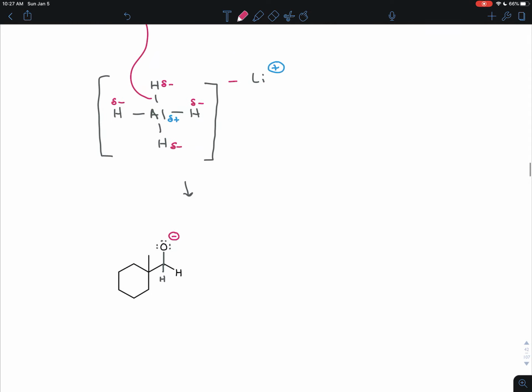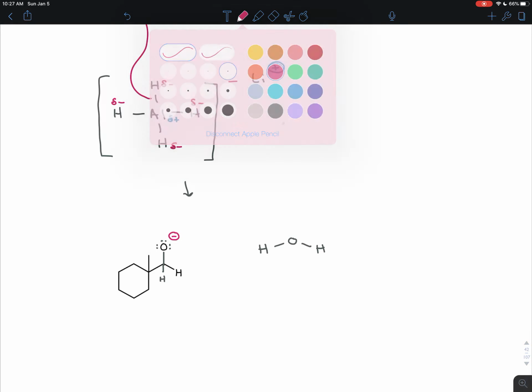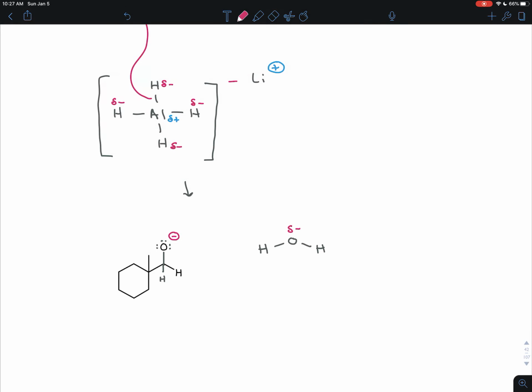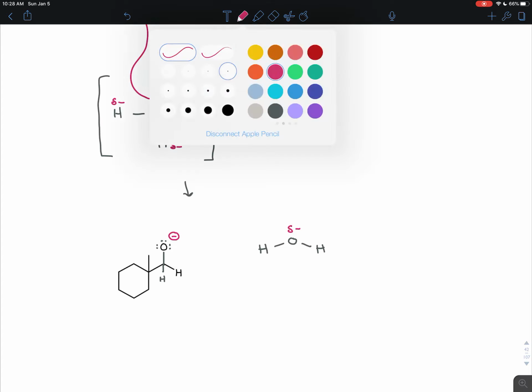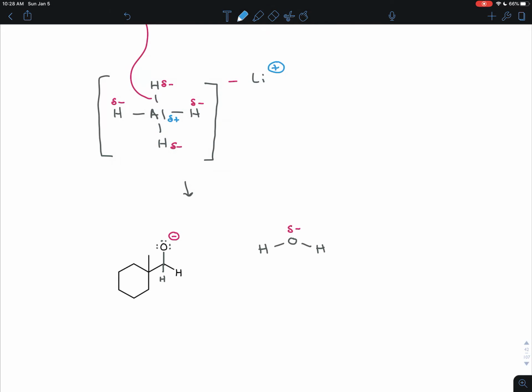So the water is going to be the source for a proton. You'll do a proton transfer. Remember, the oxygen is very electronegative. Electronegativity increases as you go up and to the right on the periodic table. And so the oxygen is really electronegative, pulls electron density to itself. The hydrogens then lose it and become slightly positive.